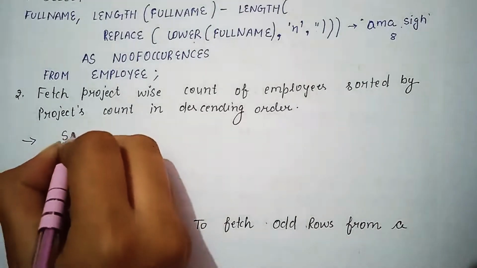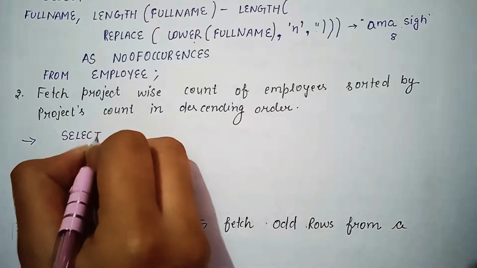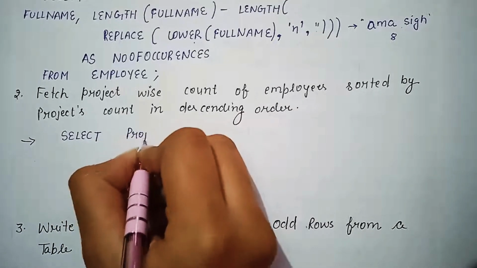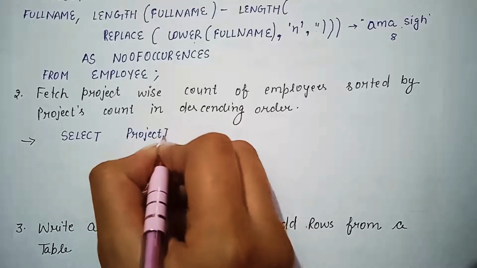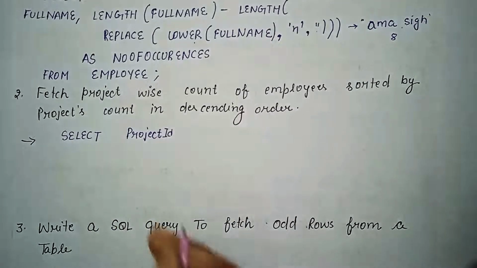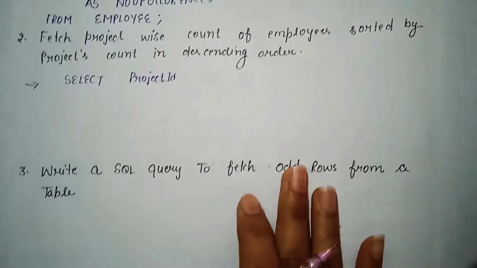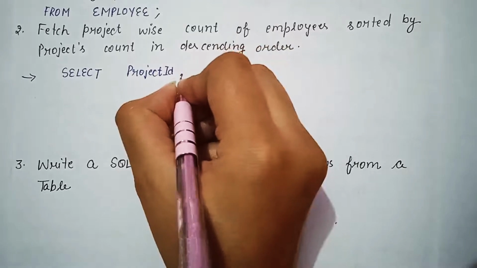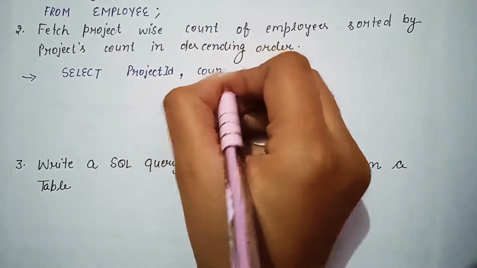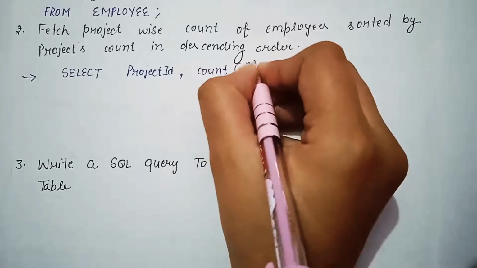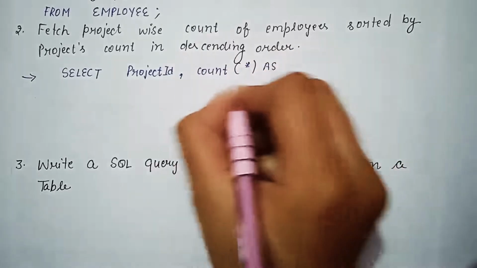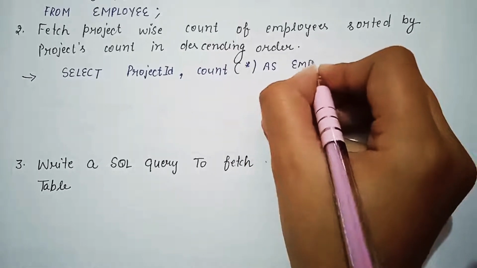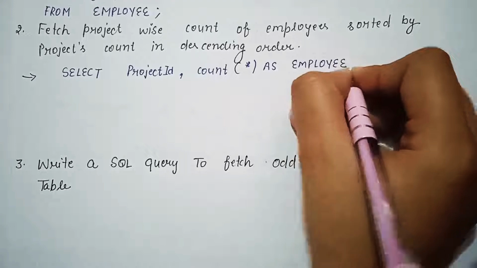So we will write select project ID, on the basis of which we will group this table. The second thing is count star as, and the new name for this column will be employee count.